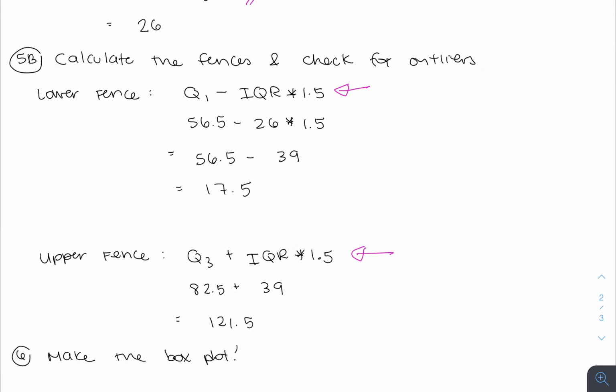Notice the lower fence says any number below that 17.5 we omit. Well, our minimum was 50, so we're not going to omit anything. There's no lower outliers.